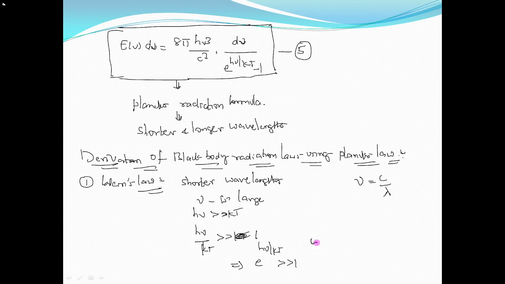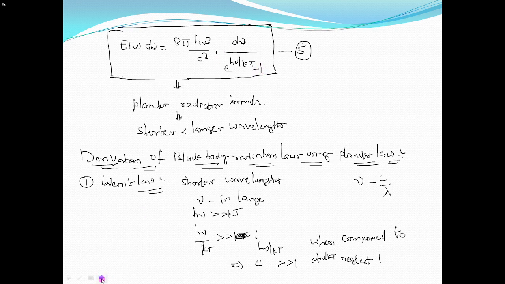So when compared to e power h nu by kT, we neglect 1 in the above equation 5.